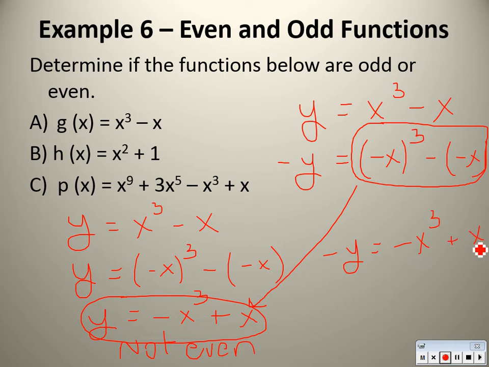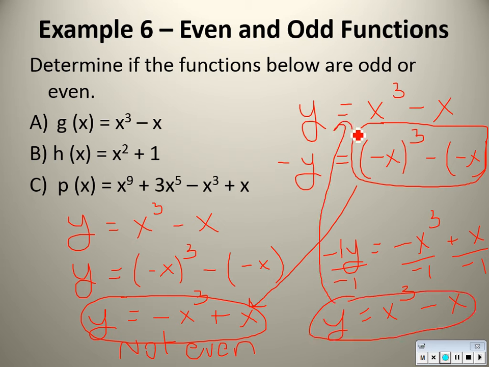To put this in y equals form, remember there's a 1 in front of the y, so I'm going to divide everything by negative 1. I get y equals x cubed minus x, which is clearly the same as the original, so we'd say that this graph is odd. This graph is symmetric with respect to the origin.